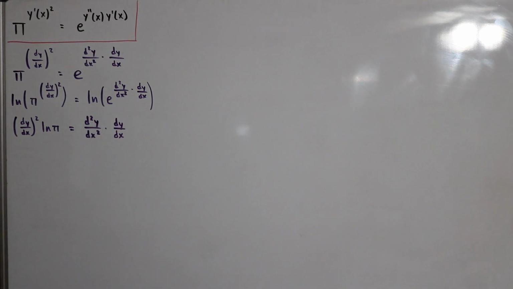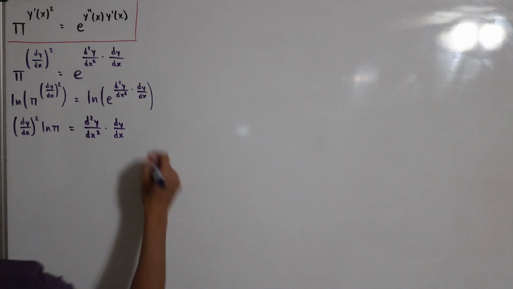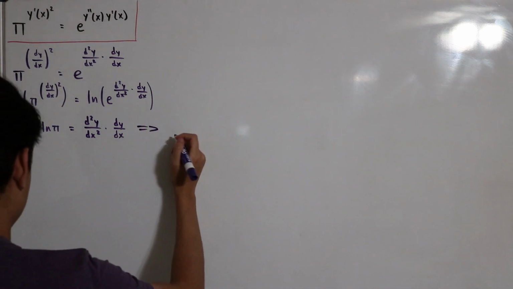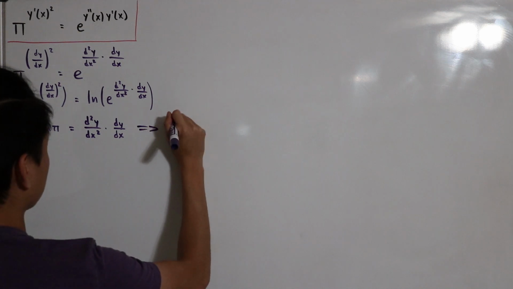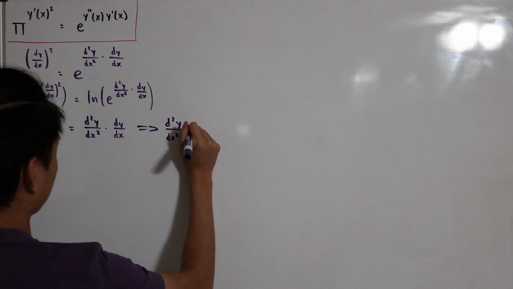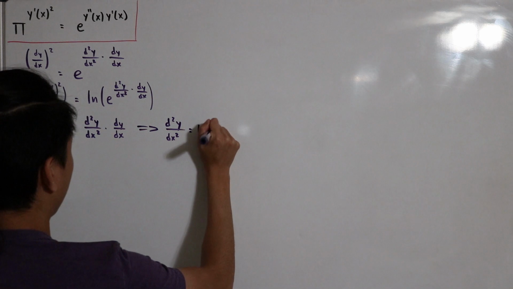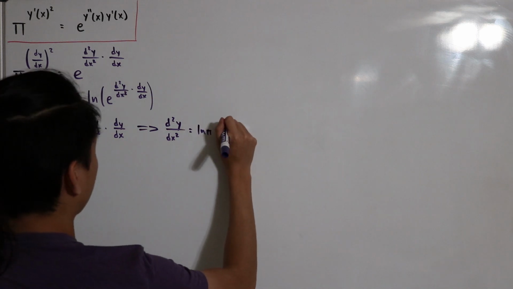Okay, now what I can do is divide dy dx from both sides, so then I would just be left with the second derivative with respect to x, and this is just equal to ln of pi multiplied with dy dx.